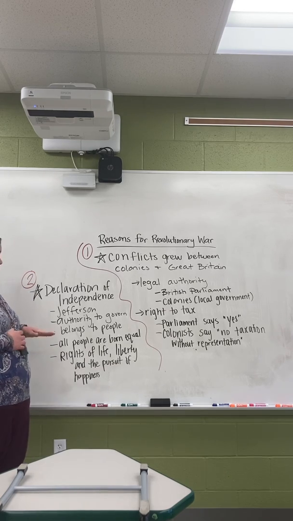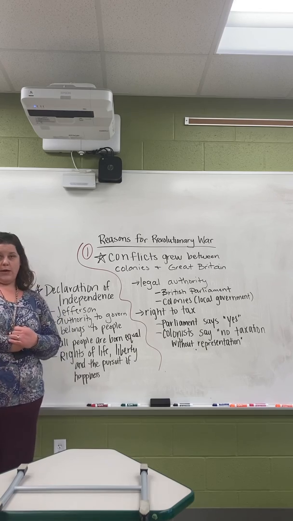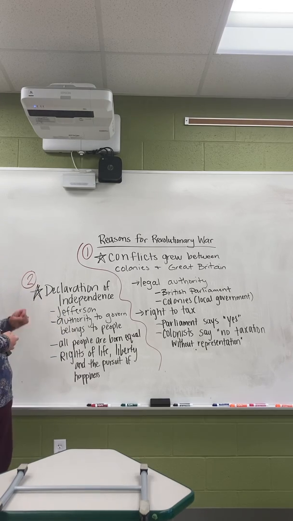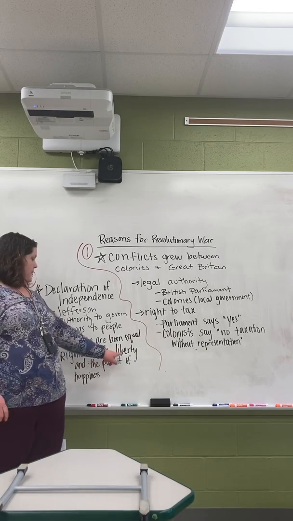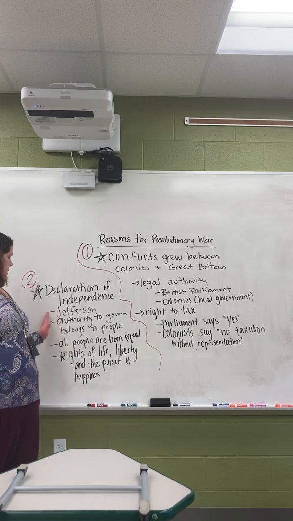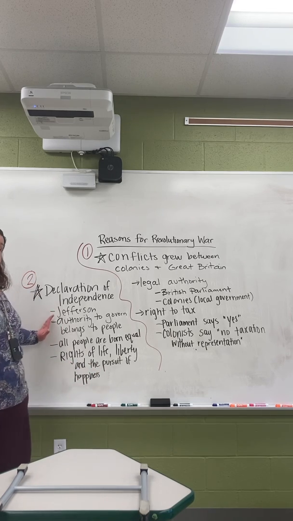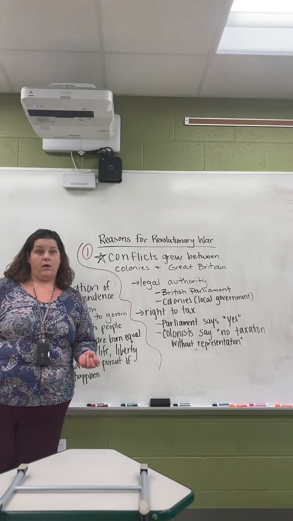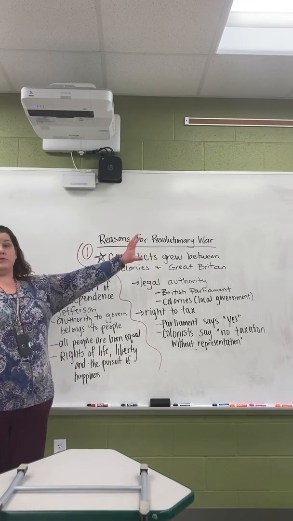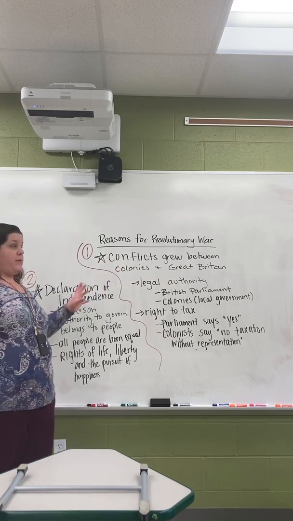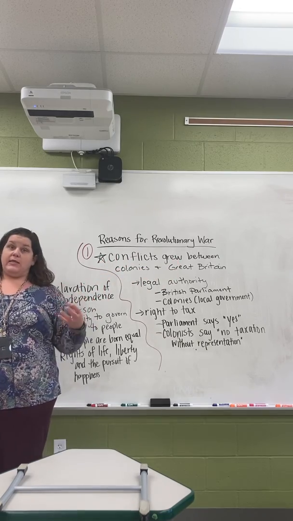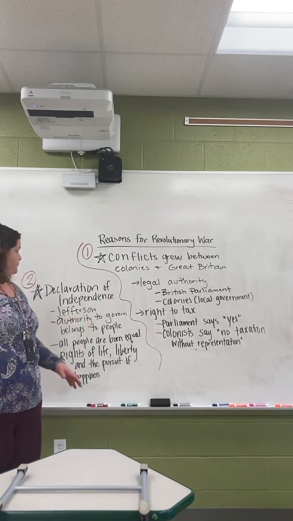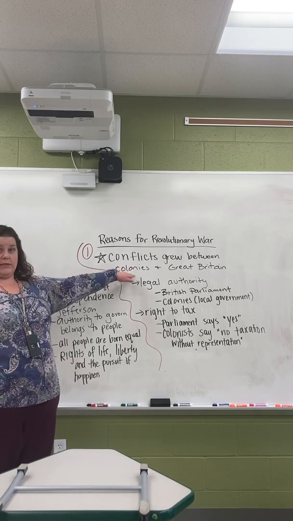And they said, all people are born equal. And they said, all people have the right to life, liberty, and the pursuit of happiness. These things are very important. They're stated in the Declaration of Independence, which is what our whole country was founded on, and it was one of the reasons for the Revolutionary War. This declaration that was sent to the king is the thing that kind of started the whole revolution after these conflicts that continued to grow.